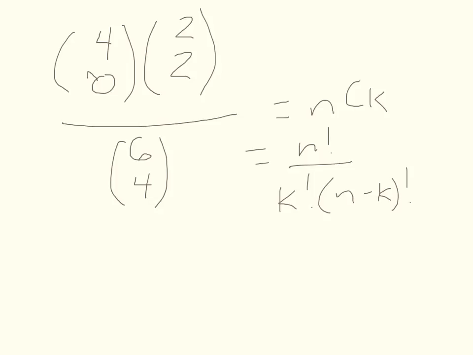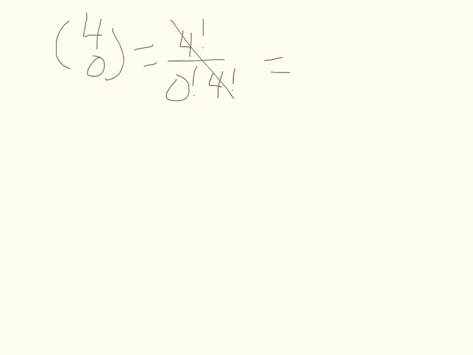So let's look at that first term. 4 choose 0 means 4 factorial over 0 factorial times 4 minus 0 factorial, which is 4 factorial. We can see pretty simply that 4 factorial and 4 factorial cancel out. And you just have to trust me here that 0 factorial also equals 1. So 4 choose 0 equals 1, which makes sense.